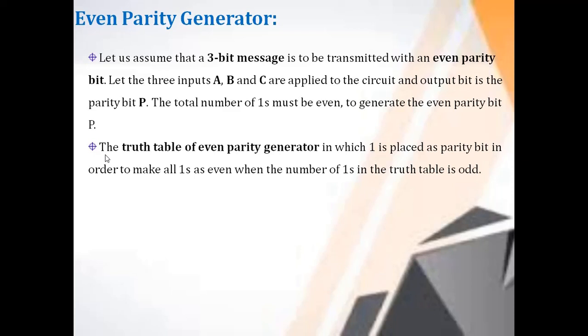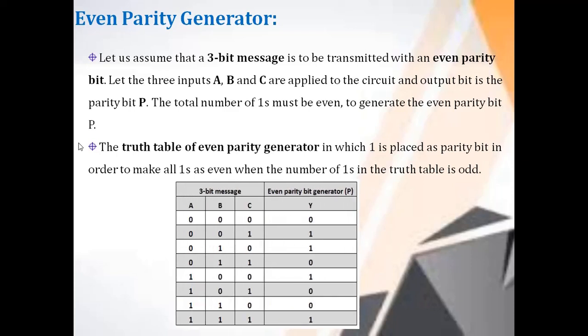If I give 1 to the parity bit P, it makes the total number of ones in your message even, so there is no error. This happens when the number of ones in the message is odd.